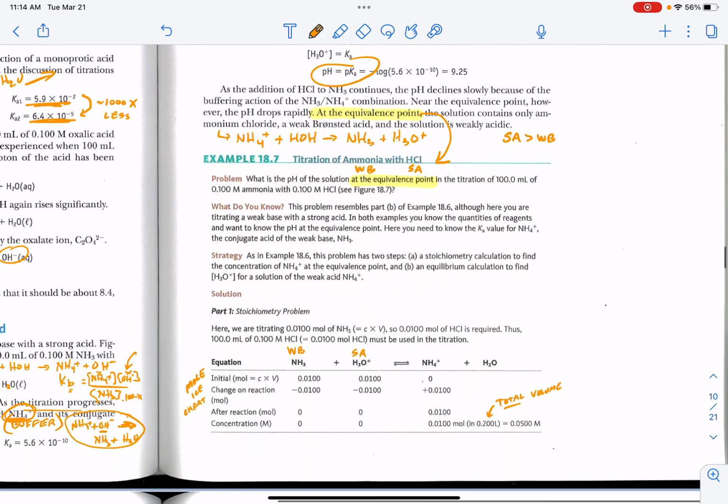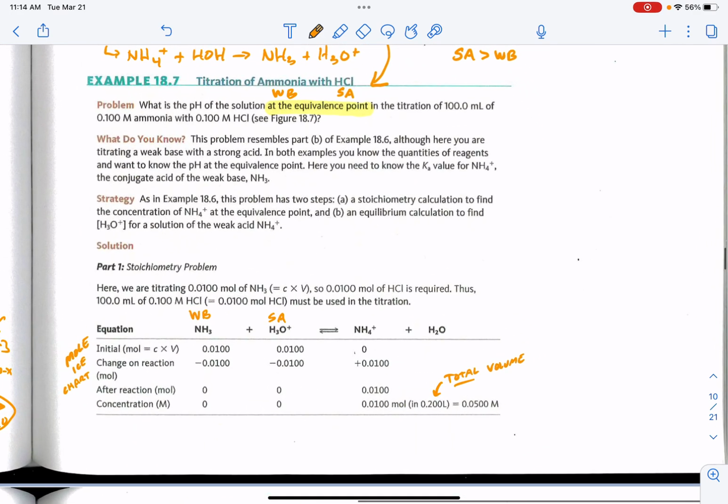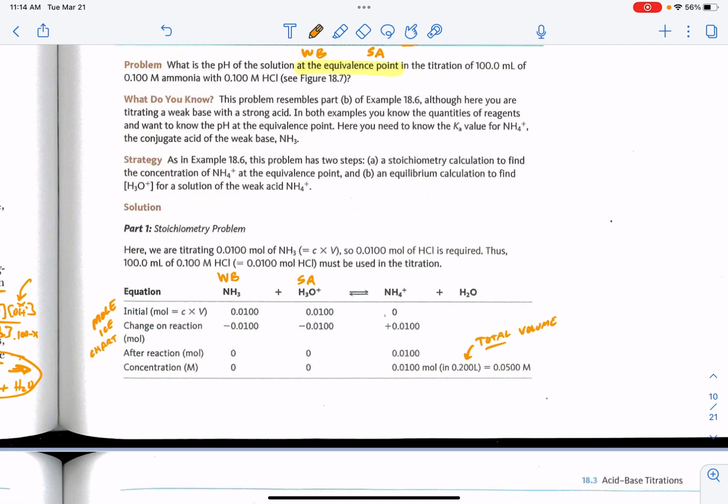And to give you an actual example of that, we're going to titrate ammonia versus hydrochloric acid. Weak base, strong acid. If we set up our ice chart, and again, we're going to do the ice chart in terms of moles, because remember, moles is going to equal volume times molarity.